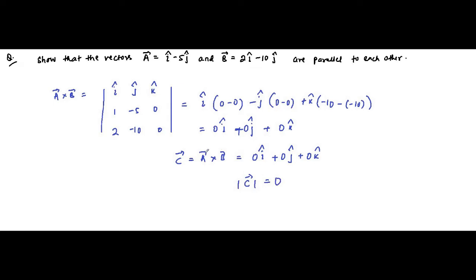Now if you remember the basic definition of cross product, the cross product of two vectors, a vector cross b vector, is given as a b sine theta n cap, where n cap is the unit vector perpendicular to both a vector and b vector, in the direction of the resultant vector.